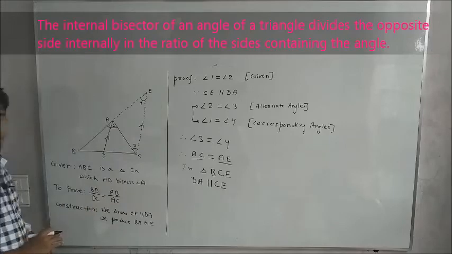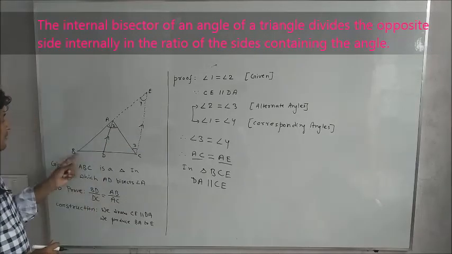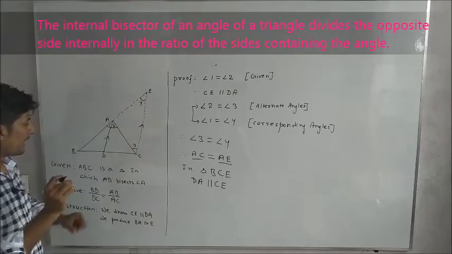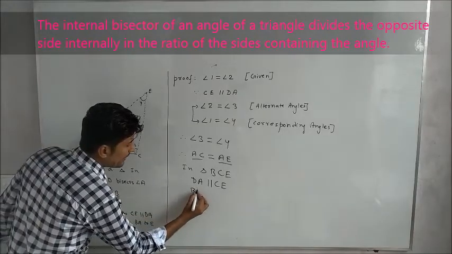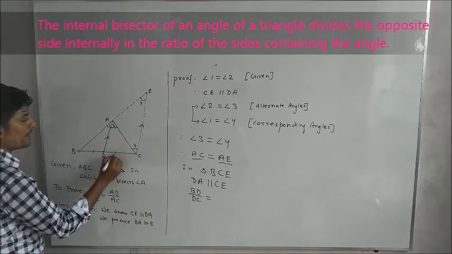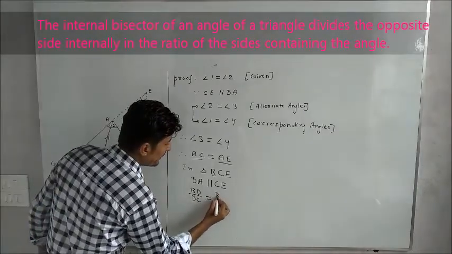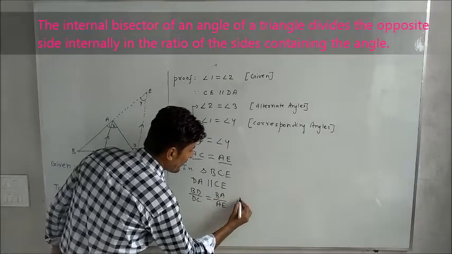I have already mentioned the construction; by construction, they are parallel. Hence we can say that BD upon DC equals BA upon AE by Thales theorem.